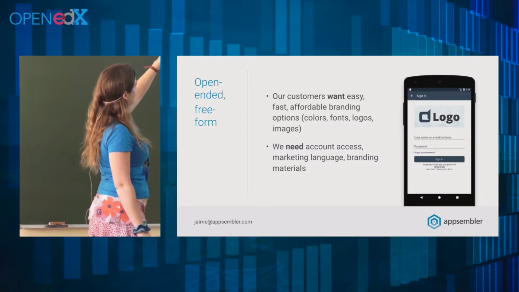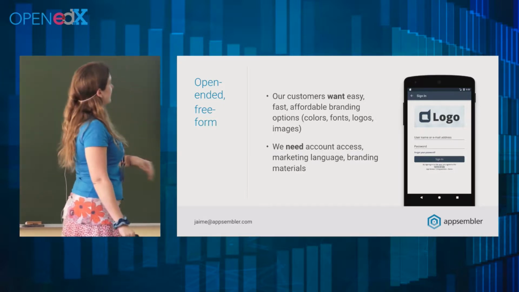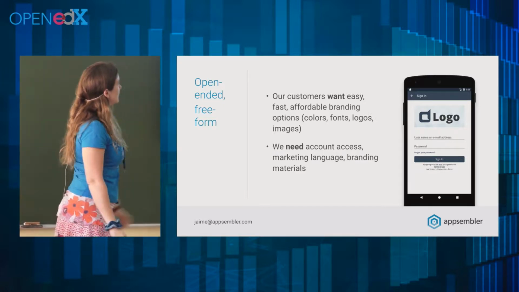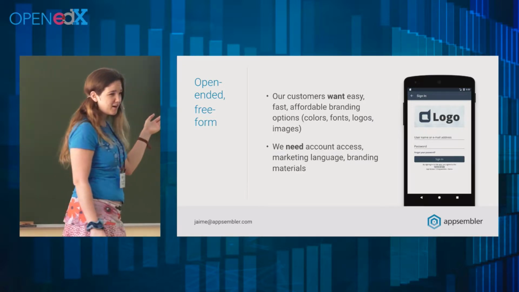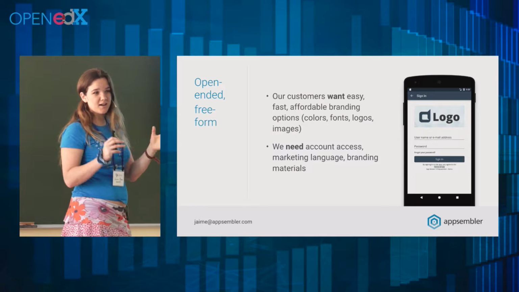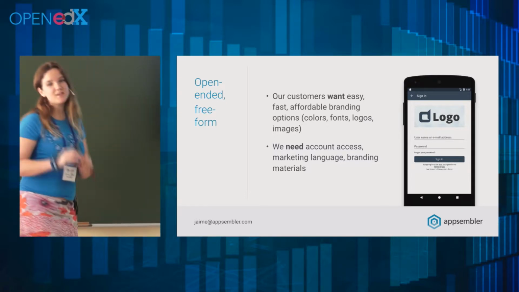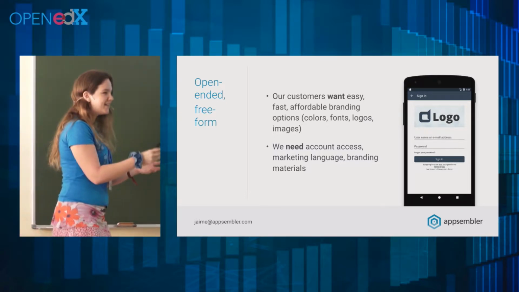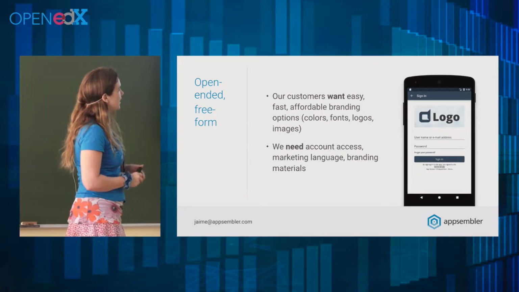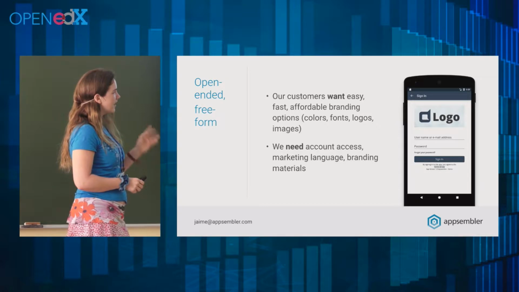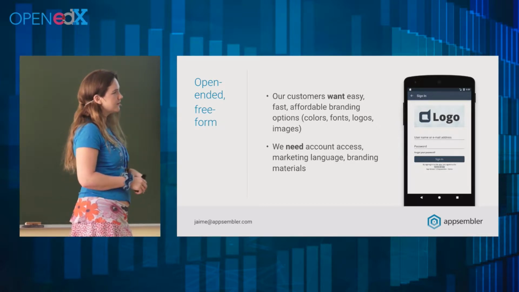So with open-ended freeform, we started trying to standardize. As it was really fluid, we learned that our customers only wanted a few branding options. We didn't get customer requests of, oh, here's a PSD, we want it to look exactly like this, we want this animation. We didn't get a lot of that. We got, oh, how about you just add our logo and we like this color?